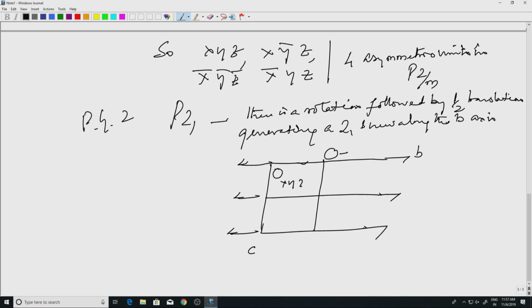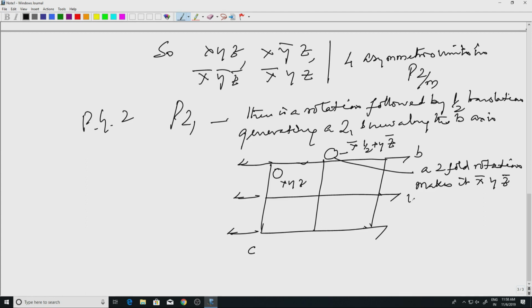So this is x, y, z, this is x bar, half plus y, z bar. You can see that a 2-1 rotation makes it x bar, y, z bar, and a translation of half along the B axis gives y plus half.